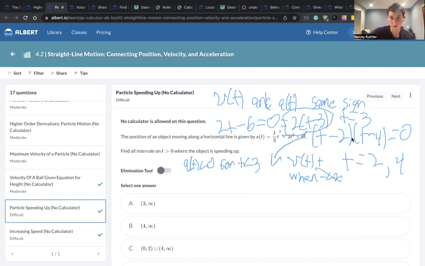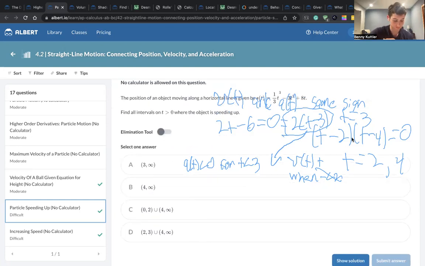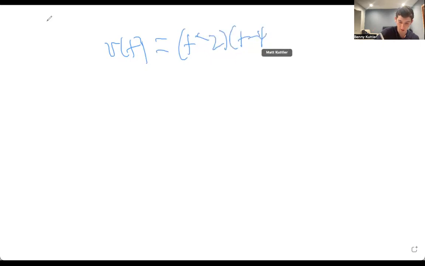So now I'll open a whiteboard. So what was it? We had v of t equals t minus 2 times t minus 4.